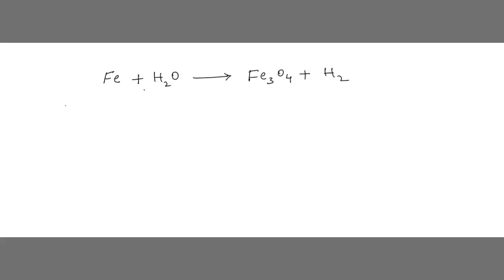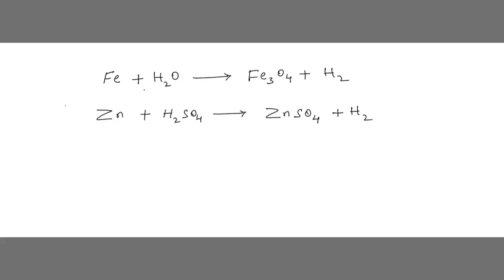Now you can balance this chemical reaction. Similarly, zinc reacts with H2SO4, sulfuric acid, and gives zinc sulfate. We have done this, but you can try once again, and these reactions are very important for your board exam.